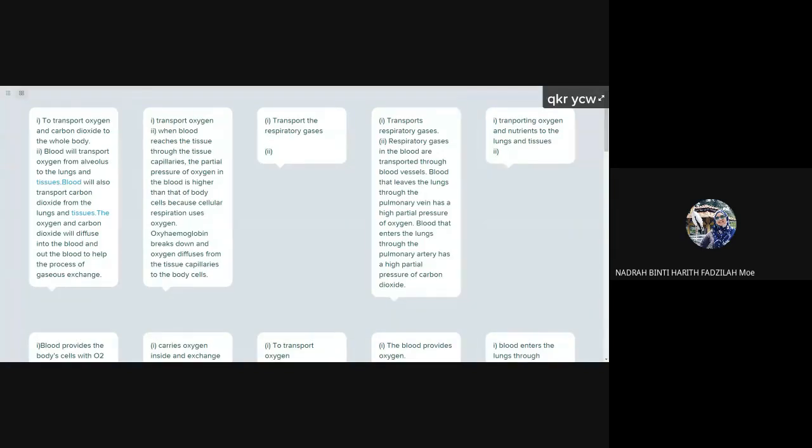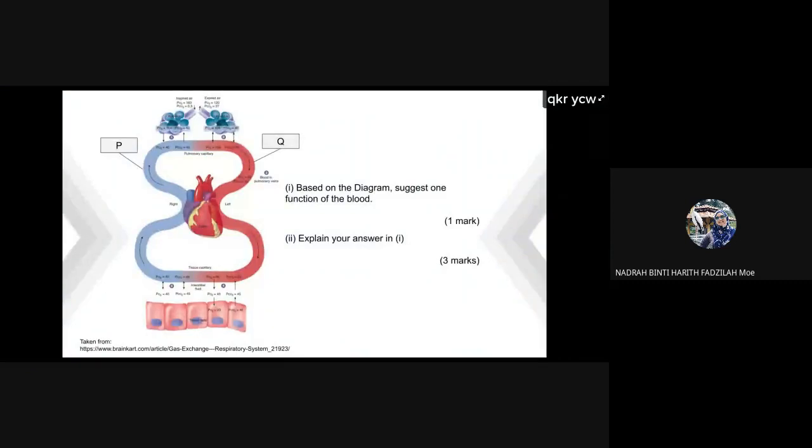Okay, so when we want to explain about transport of blood based on this diagram, sebab dia ada label partial pressure dekat situ, so our answer should apply the concept of partial pressure.